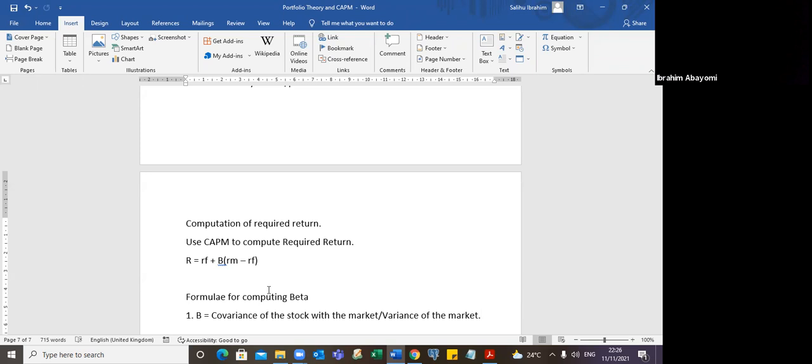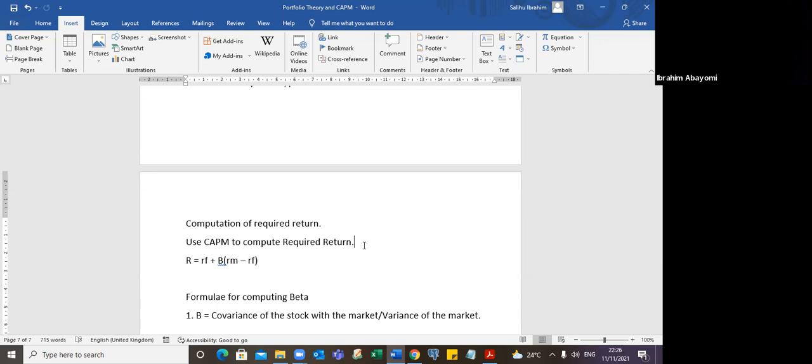You will use this formula to compute beta where either the question has given you the covariance of the investment with the market and the variance of the market, or where it is possible for you to compute your covariance. We have seen how to compute covariance. However, in the exam, most likely the question will have given you the covariance with the market.